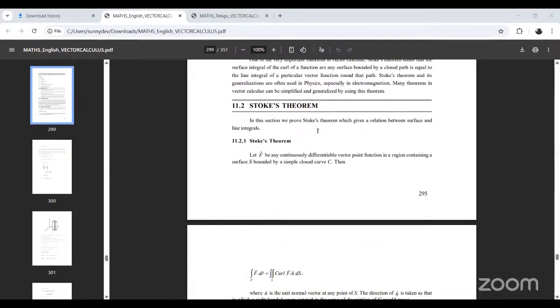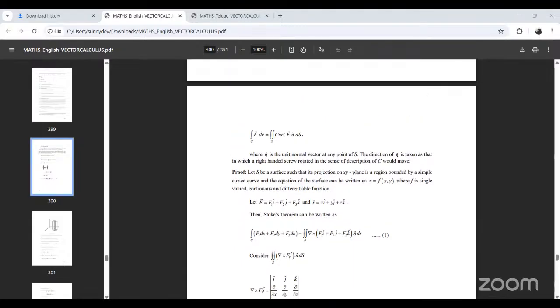So this is the Stokes theorem: the line integral of F dot dr equals the surface integral of curl F dot n into ds. And the Gauss theorem is the surface integral of F dot n into ds equals the triple integral of divergence of F into dv. Based on this, we are also doing some problems.